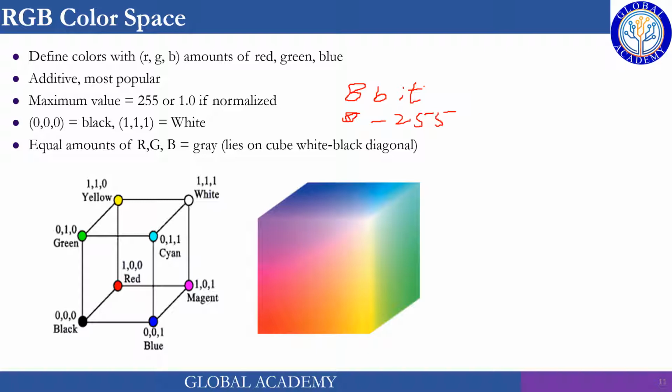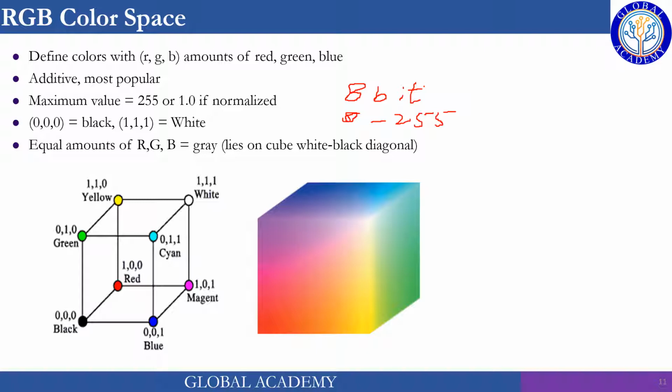But just for illustration we have used some normalized values here. The 0,0,0 value is the black color, and 1,1,1, all ones, or all 255, is the white color. If red is 1 and the other two pigments are 0, then we produce a red color.